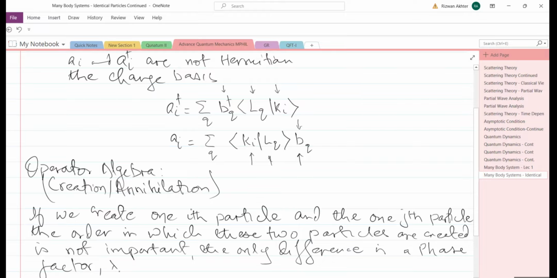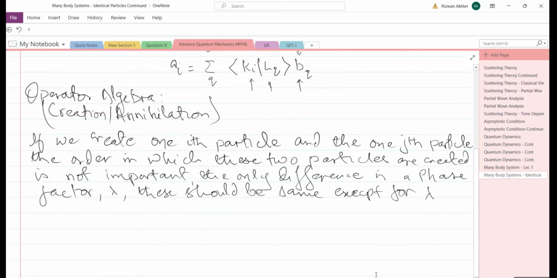So these two should be the same except for lambda.